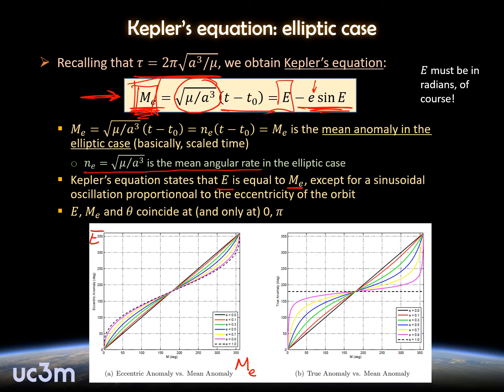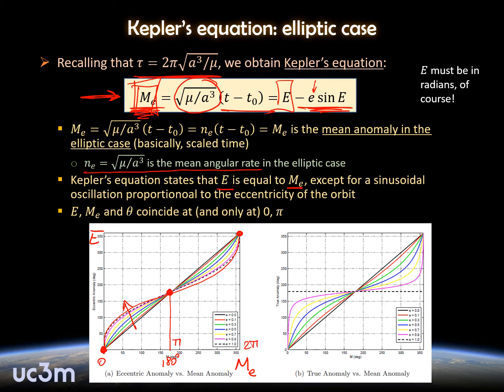But as you increase the eccentricity, you observe this sinusoidal variation on top of the linear growth of the variable E as a function of M. Moreover, we can see that E and M are the same at 3 points in this diagram. This is, of course, the value of 0, 180 degrees, or pi, and 2 pi.